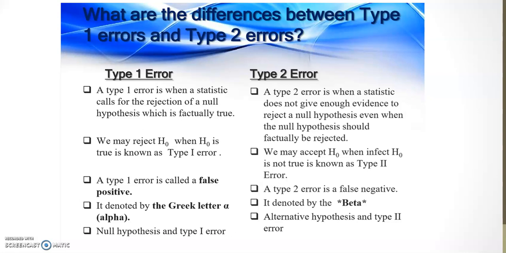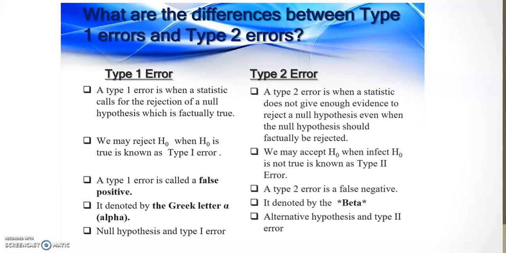Type 1 error is wrongly rejecting a true null hypothesis. Type 2 error is accepting a false null hypothesis. Type 1 error is denoted by alpha, and type 2 error by beta. Type 1 error is called a false positive, and type 2 error a false negative.